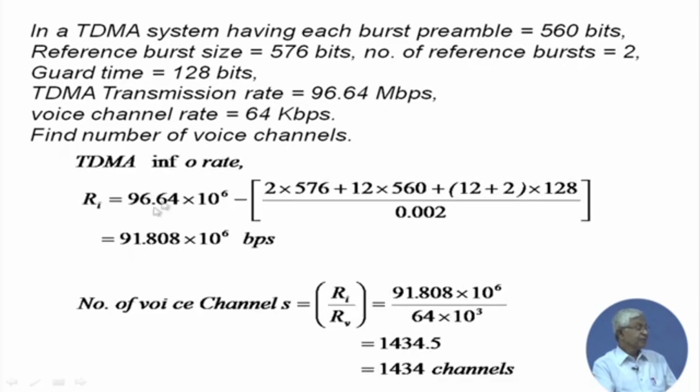Transmission rate is given. Find out the information rate based on the expression. It comes out to be 91.8 megabits per second. That divided by the voice channel rate, given as 64 kilobits, you get 1434.5 channels. So, the lower number is to be given, 1434 has to be taken as the number of channels that can be supported.